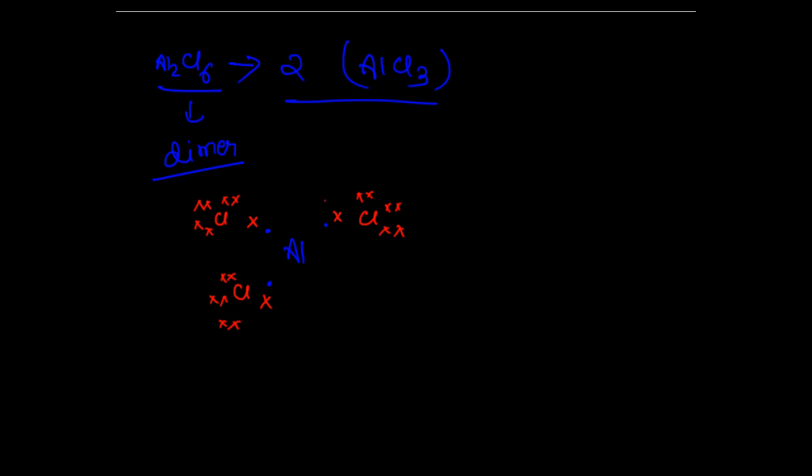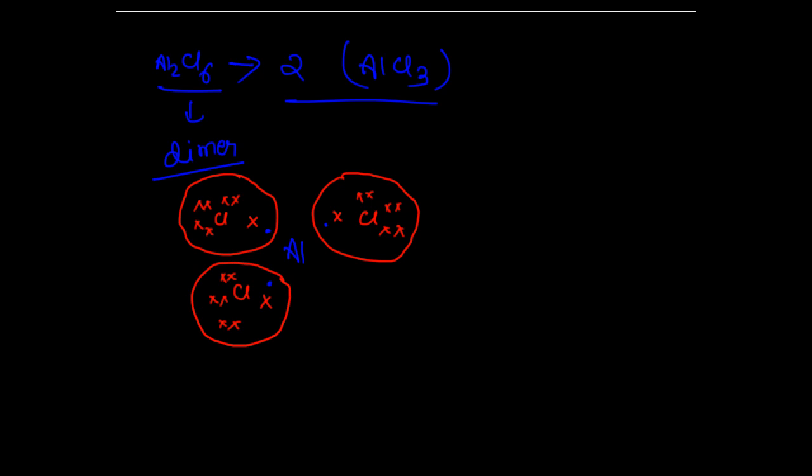So the atom for this chlorine will be this, the atom for this chlorine will be this, the atom for this chlorine will be this, and the atom for the aluminum will be this. So in this way, a covalent bond is formed in AlCl3.